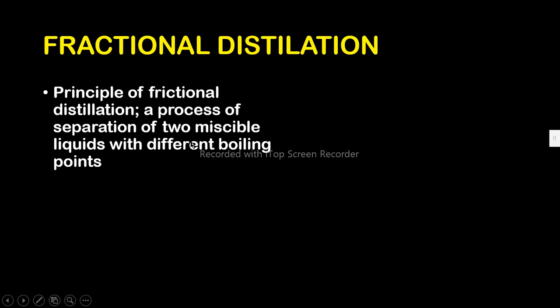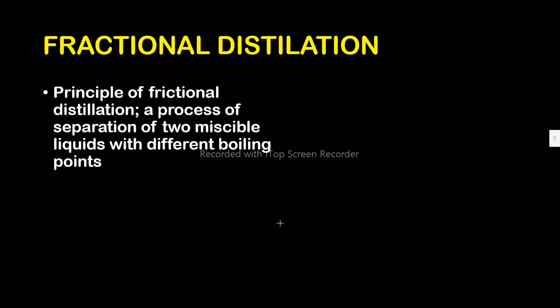By miscible I mean the two liquids mix and form a uniform layer. You cannot tell which one is water and which one is ethanol. Two liquids having different boiling points can be separated by fractional distillation.